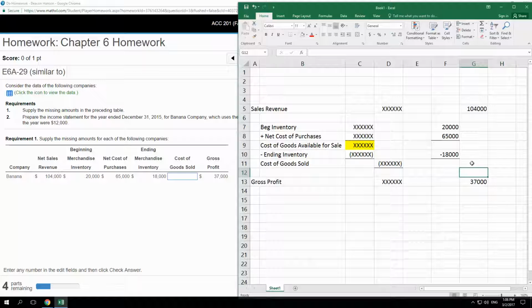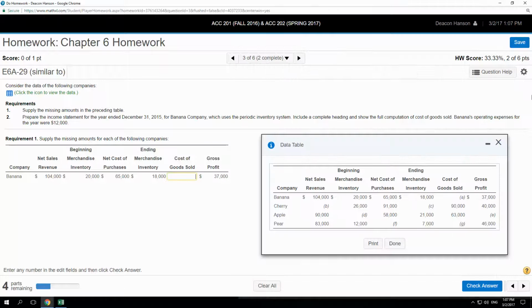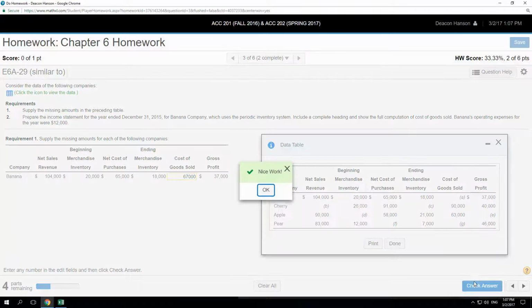Okay. So let's try that. I'll take my sales revenue minus my gross profit, and I get the same 67,000. Okay. Everybody see that? So it's really knowing this formula, if you want to call it a formula, inside and out enough to where you can identify that missing piece. So let's drop 67,000 in here and see how we fare. Nice work.